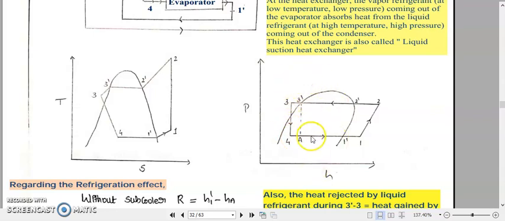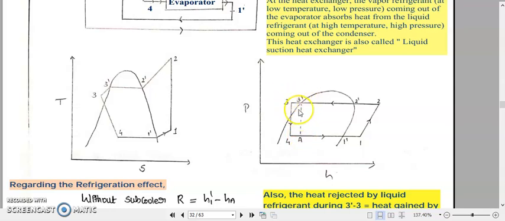If there was no such subcooler in the system, the pH diagram would have been like this: some point A, 1-1', 2, 2-3, and straight away going to A.